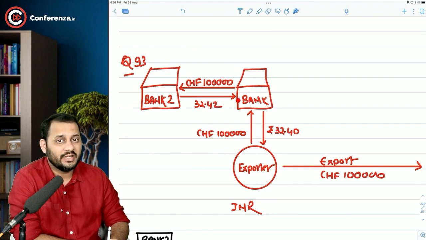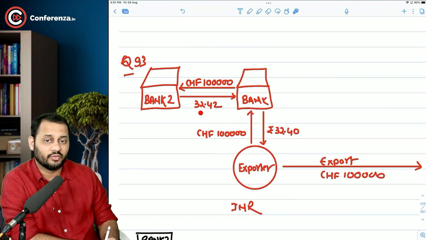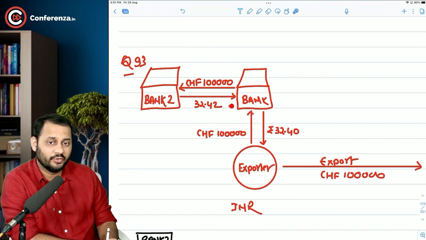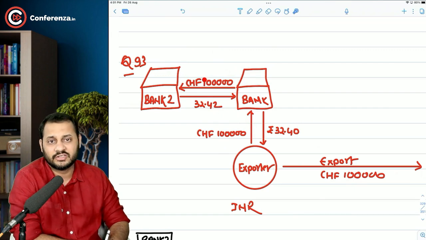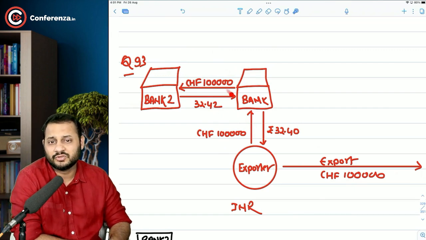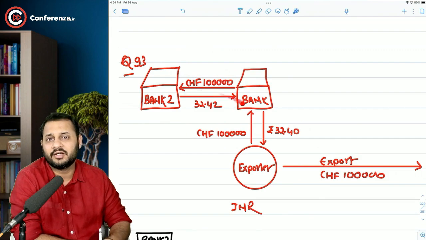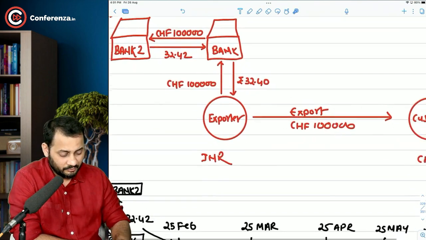So there will not be any foreign currency balance with this bank, but in the cash outflow and inflow, they will receive 32.42 for each CHF but will pay only 32.40, making a profit of 0.02 rupees on every Swiss franc. So that's practically 2000 rupees of profit for the bank on the entire transaction. Okay, sir. But now what happened?